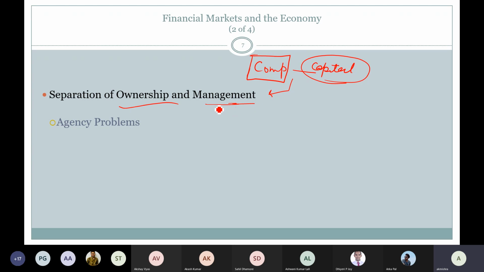And why is it important? Think about a scenario where the owner is managing his business. Basically, he is manager and he is owner. In most of the cases, we will observe that he won't be able to take risky projects. Why? Because all the loss that he will be making will be his own loss.